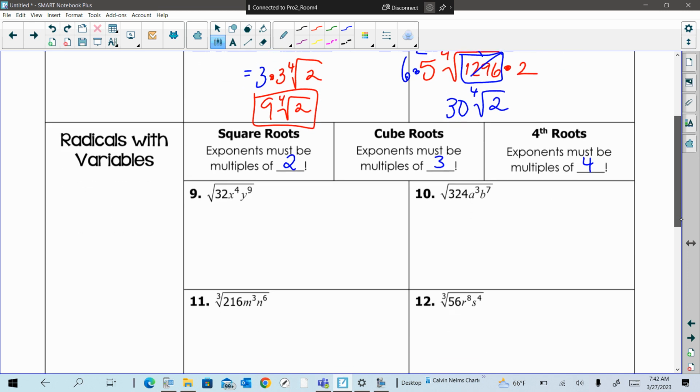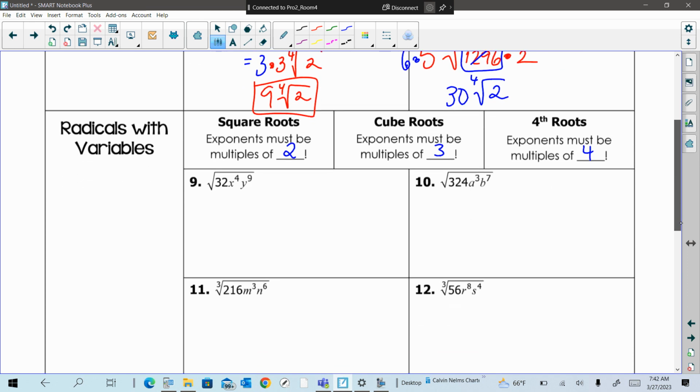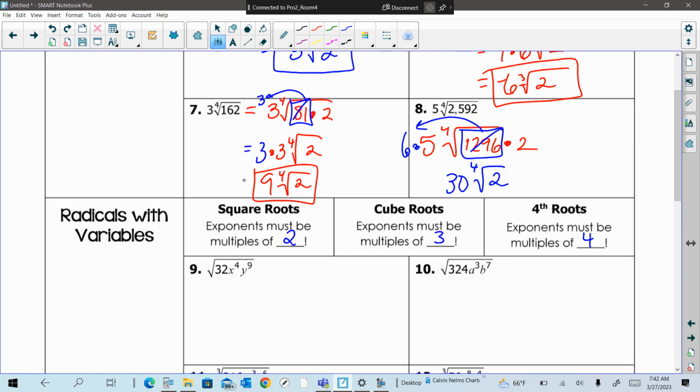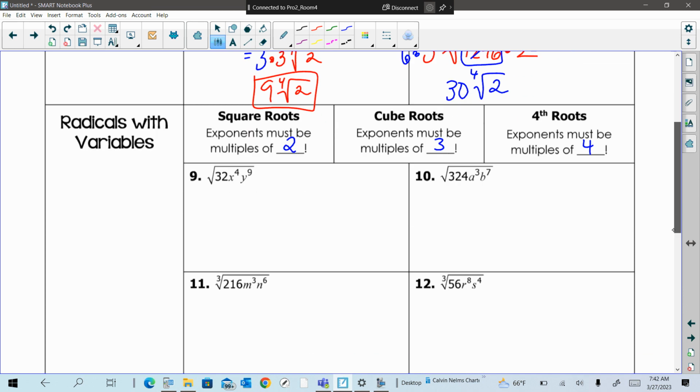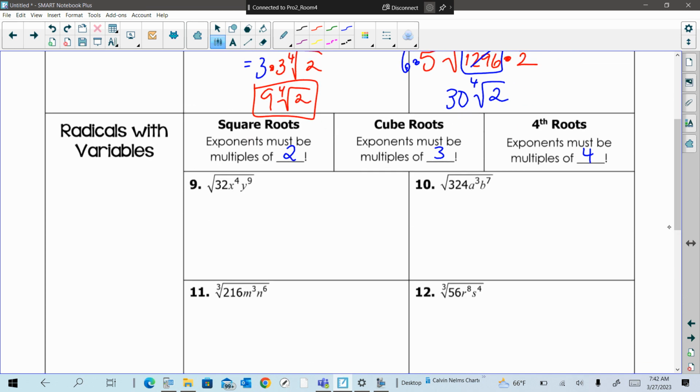So we learned last week, it's just understanding, take that exponent and divide it by the root index. So this can be written as taking the square root of 32 times x to the 4th power divided by 2, and y to the 9th power divided by 2.